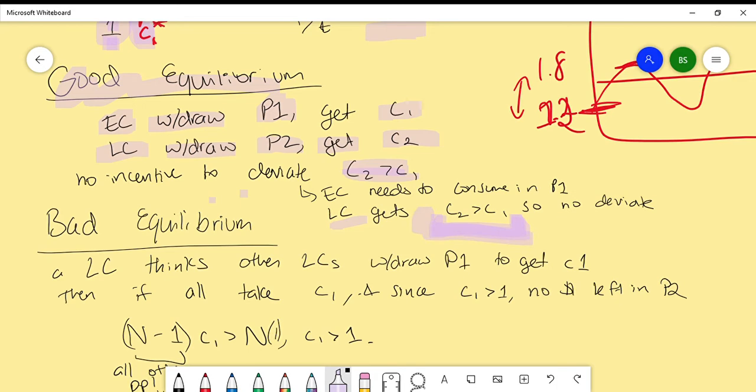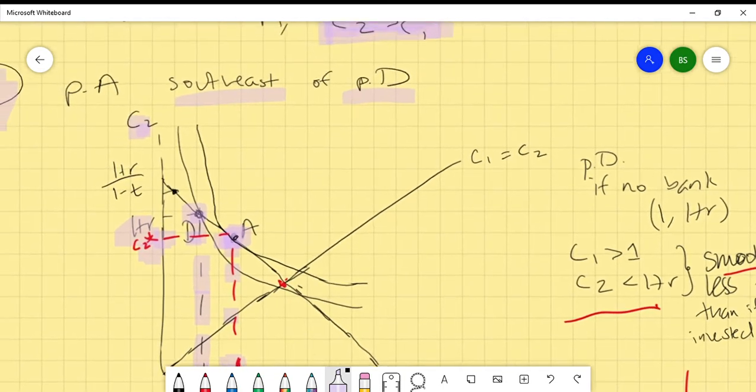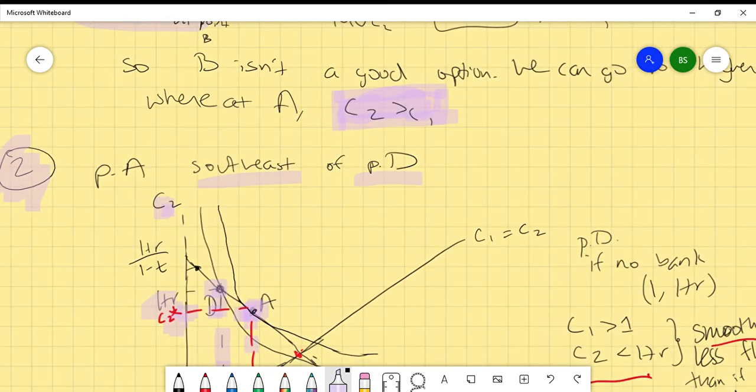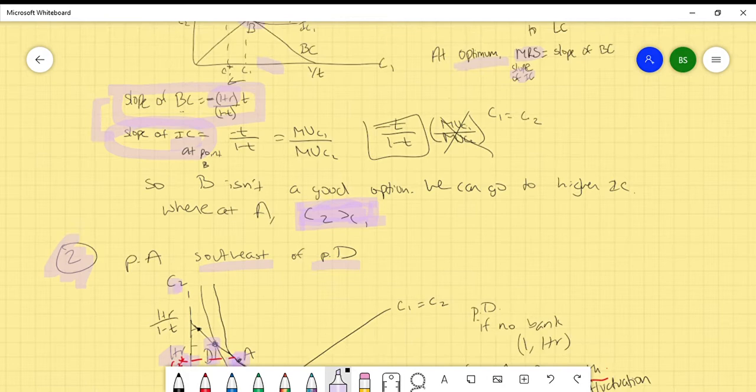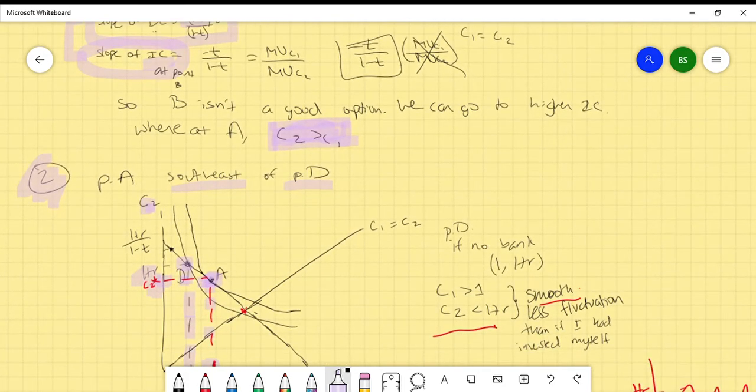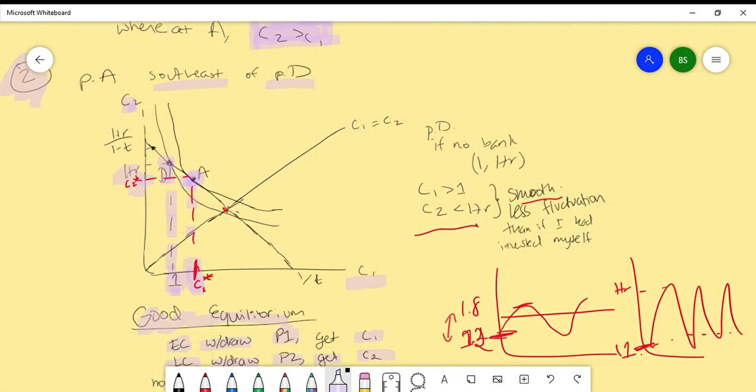Oh, you know what? I kind of get why there was that point. The two conditions, that PA has to be southeast of PD, are basically just to show two characteristics of point A. First of all, that at point A it's not a point where C1 equals C2, and the bank actually gives you a case where C2 is greater than C1.